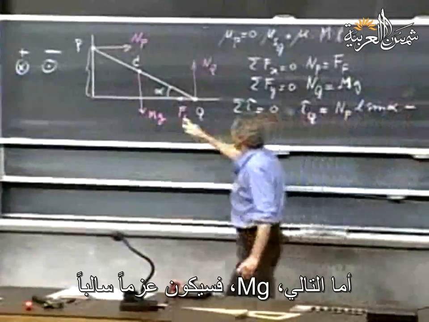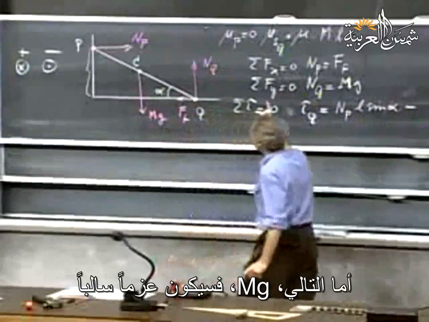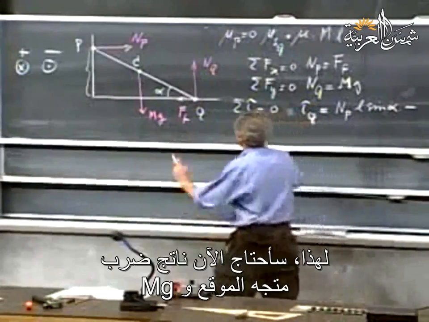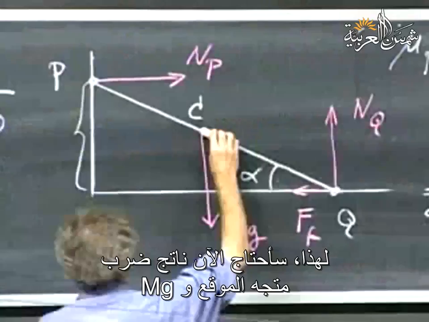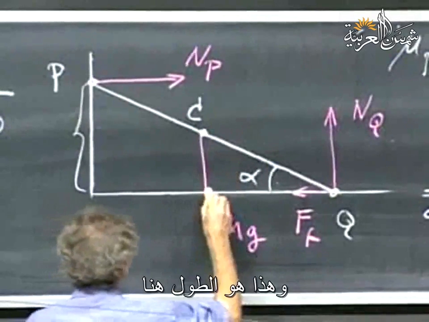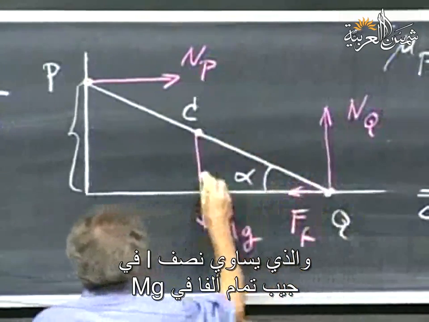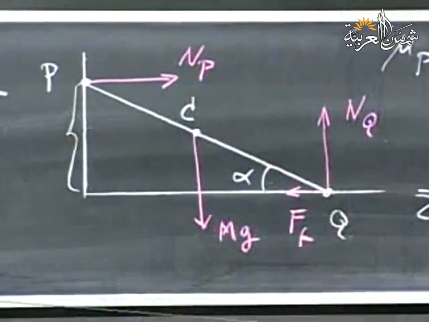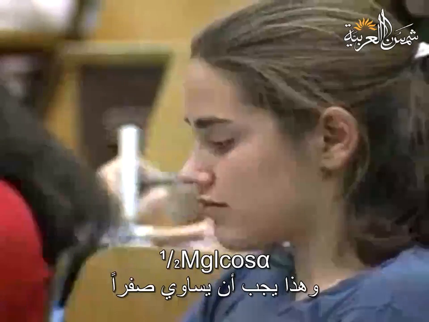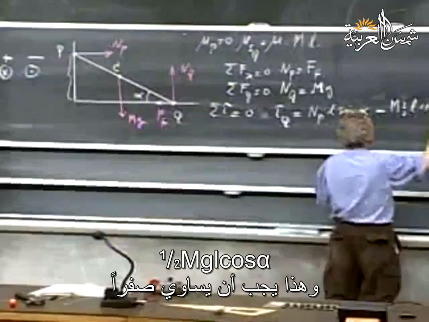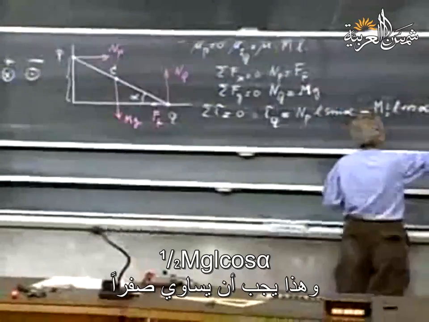The next one, mg, is going to be a negative torque, and so now I need the cross product between the position vector and mg, so that is the length here, which is 1/2 L cosine alpha times mg. So mg times 1/2 L cosine alpha, and that now must be 0.